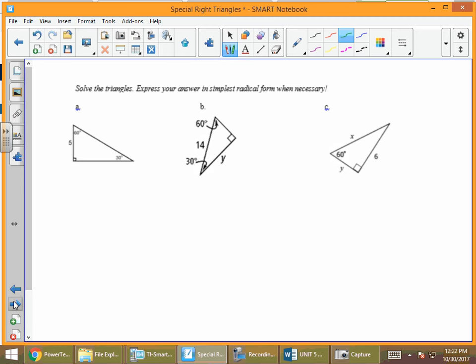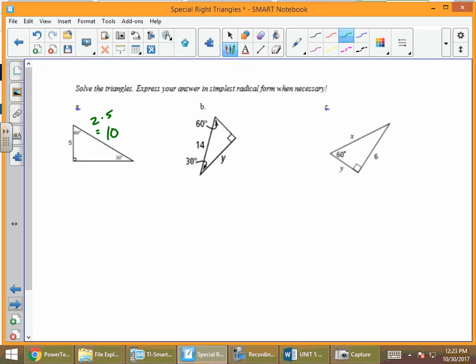How do we know it's the short side? It's across from the 30. I love getting the short side. I think it's the easiest one to do. If we're given the short side, what do we have to do with 5 to get our hypotenuse? Multiply it by 2. 5 times 2 is what? 10. So we know our hypotenuse is 10.